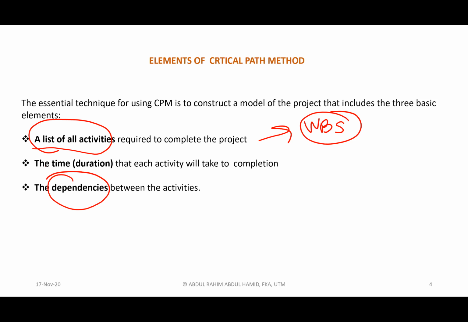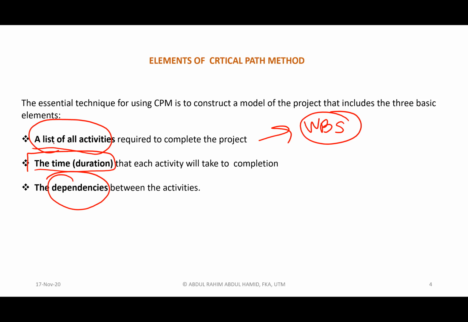Dependency is basically the logical relationship between activities. The duration is very important. Otherwise, we are not going to be able to come out with the overall project duration. Without the activity duration, we simply cannot get the overall project duration.